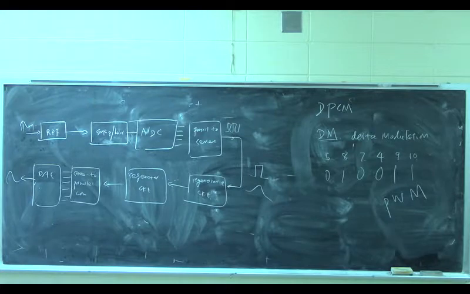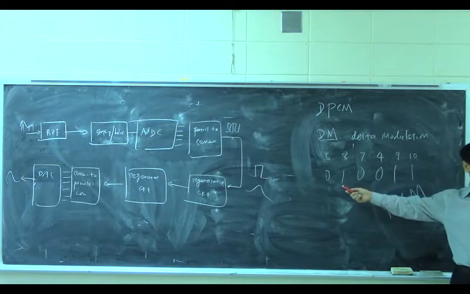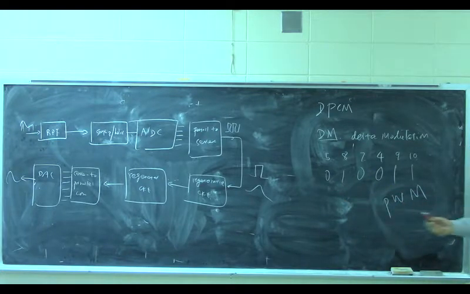We use it to control motors. Can you use this method to control a motor? Yes. If you increase the voltage, you just put a 1 to the motor, and if you decrease, you put a 0. The beauty of this is the circuit is very simple. Just up and down, that's all.